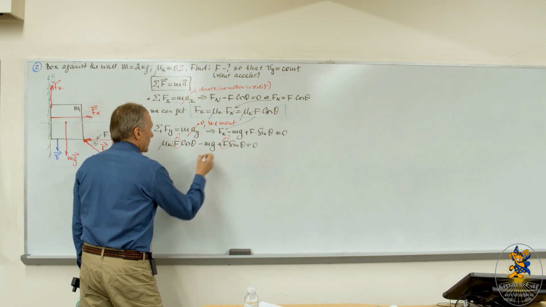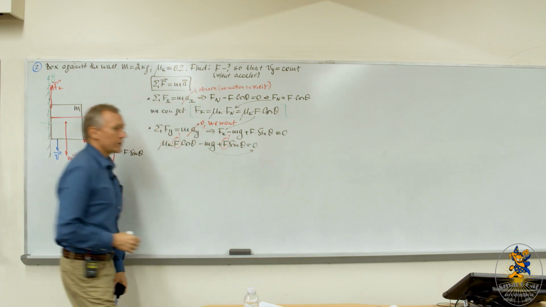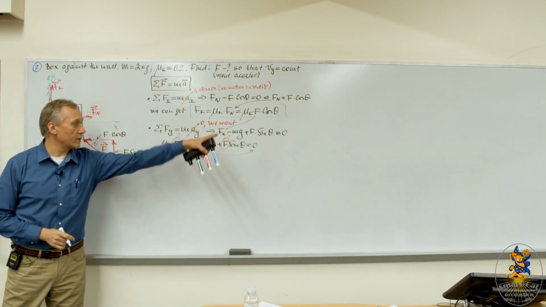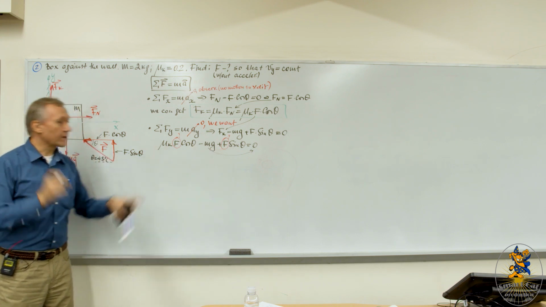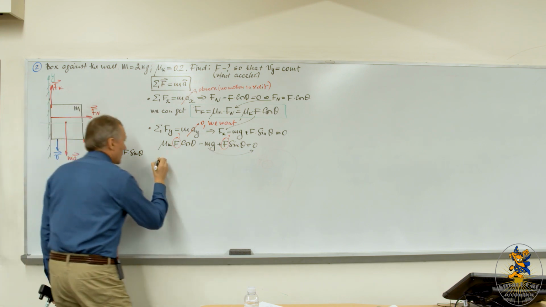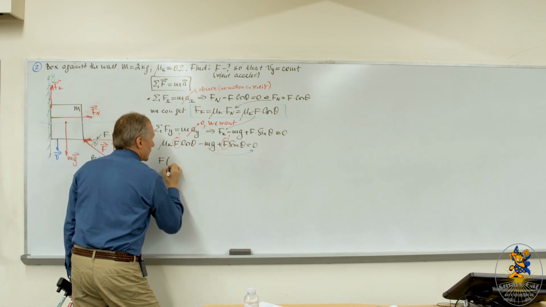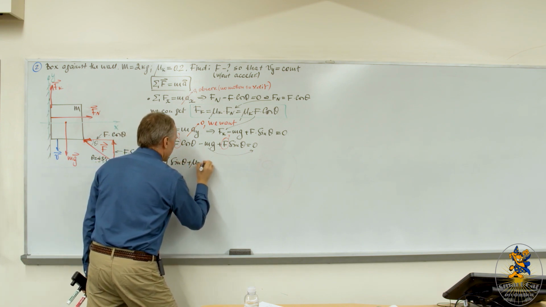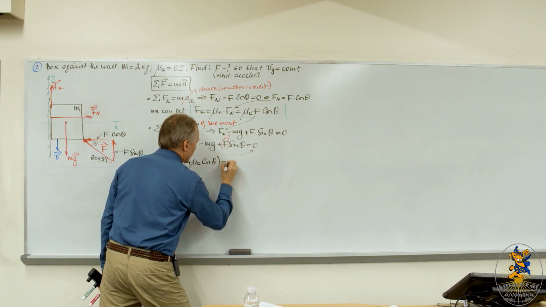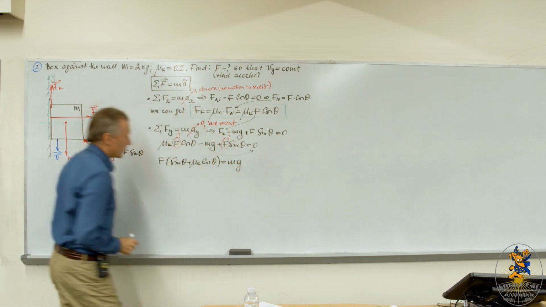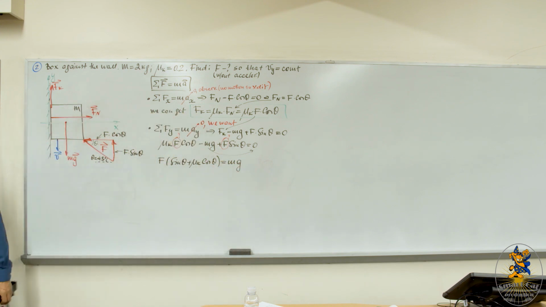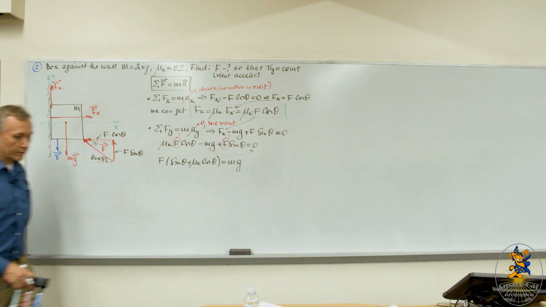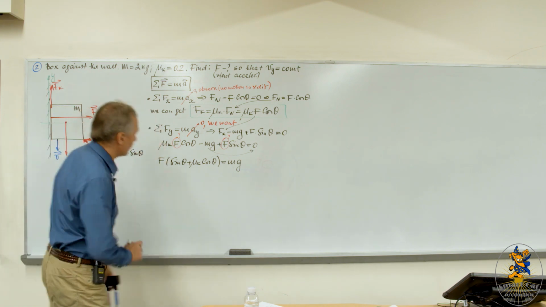So let me move that force to that side with plus and factor out F. So F times sine theta plus mu k cosine theta equals mass times acceleration. I just rewrote it. And now F will be equal to, am I right? Yeah.